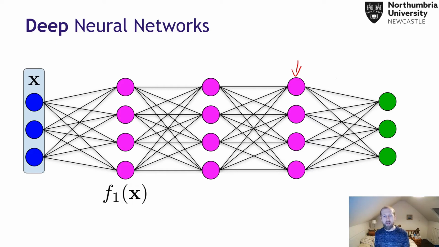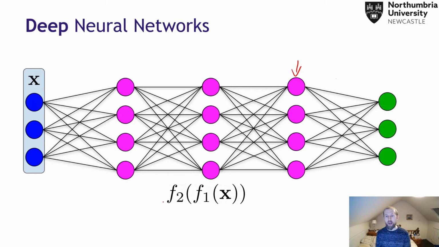In terms of the maths, often you'll just call this first layer f of 1, and then the next layer will just be like f of 2 of f of 1 of x. So if you remember, we call this the hidden layer. So the hidden layer will be f1 of x. So you can think of this now just as h1, and it'll be f2 of h1 instead, if that's easier for you.